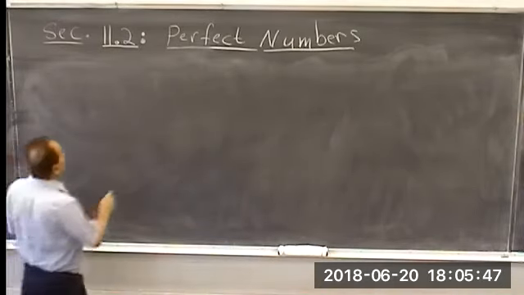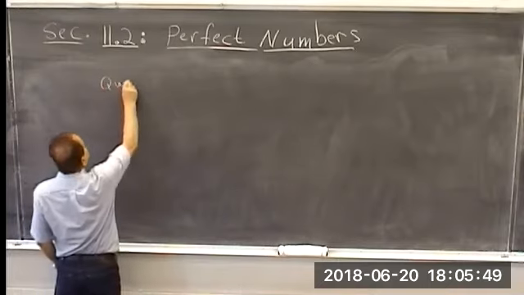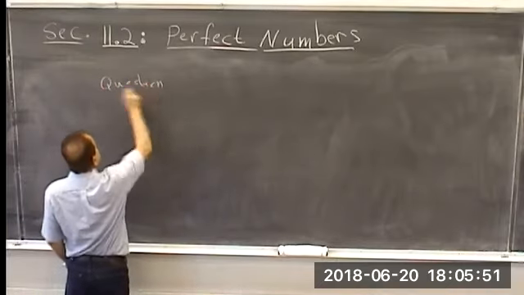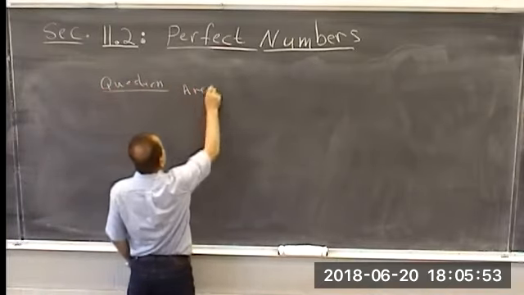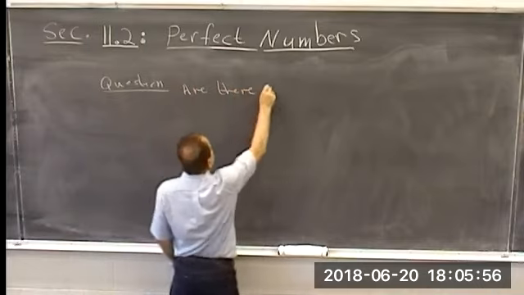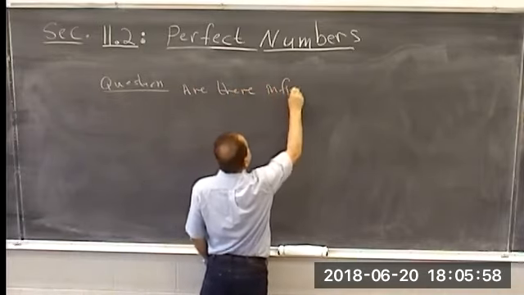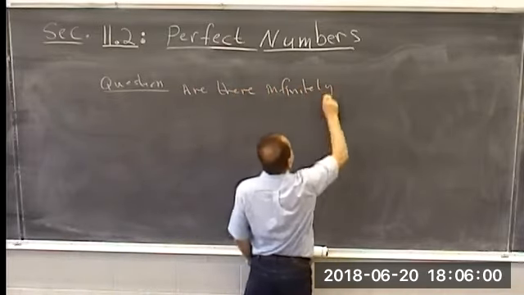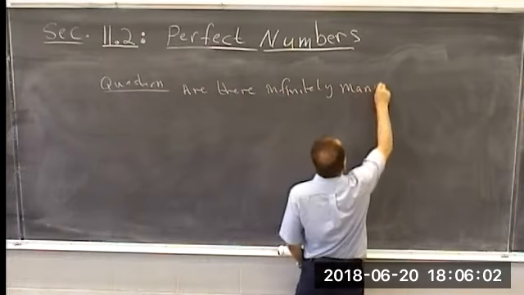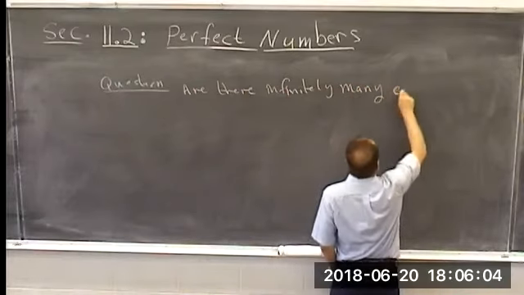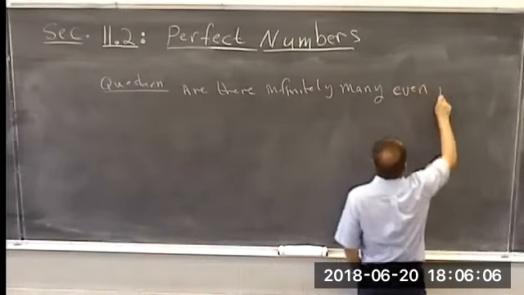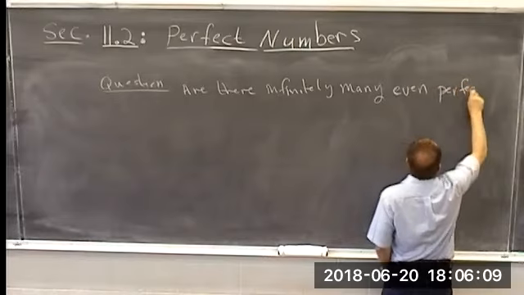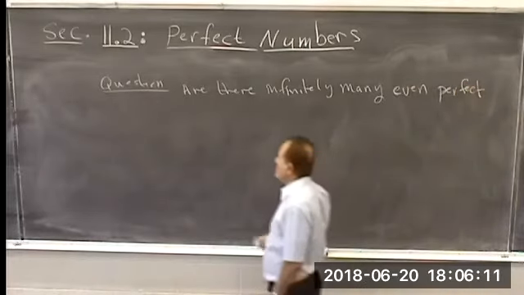So here is the question: are there infinitely many even perfect numbers?